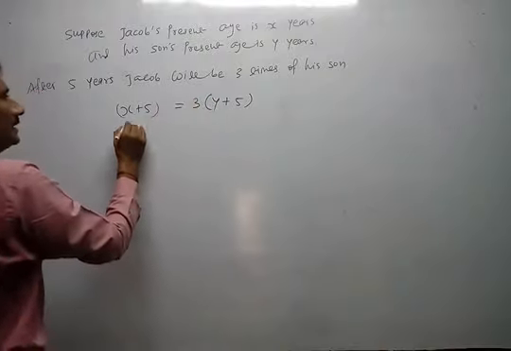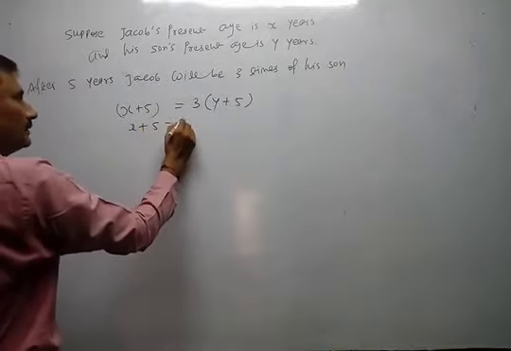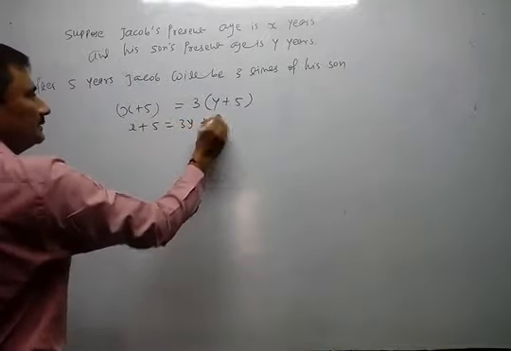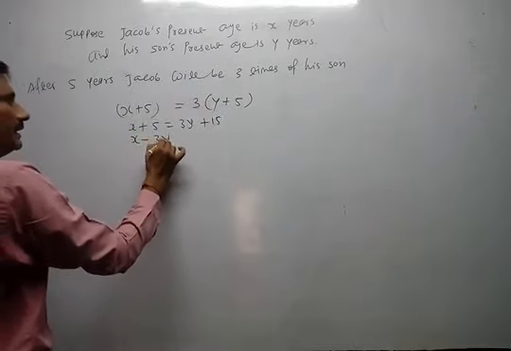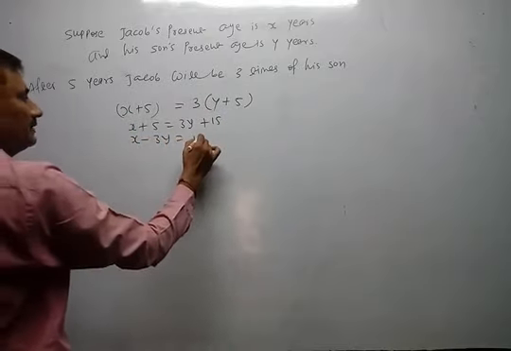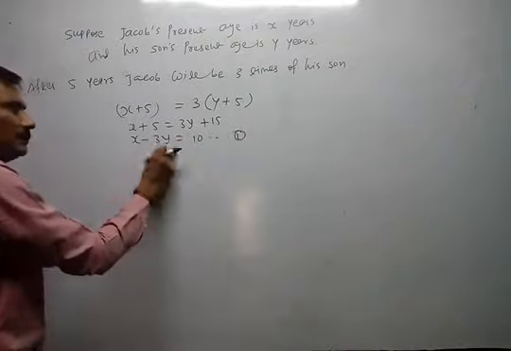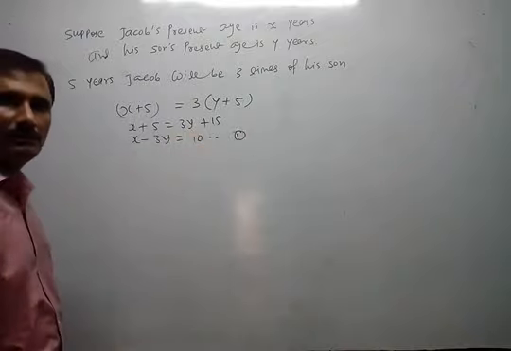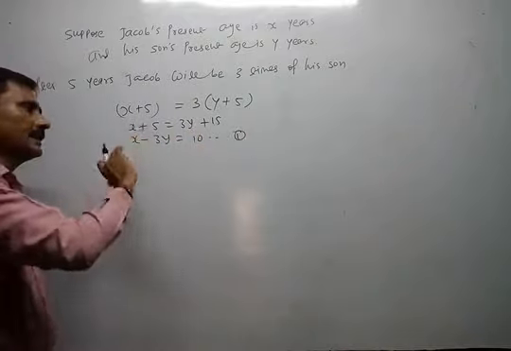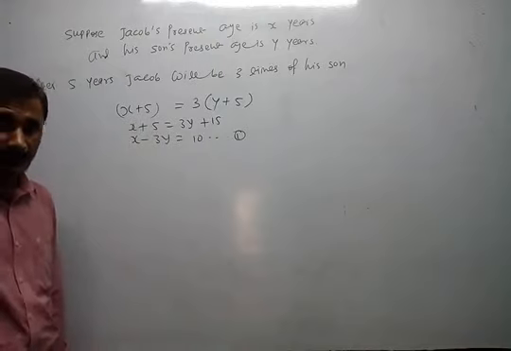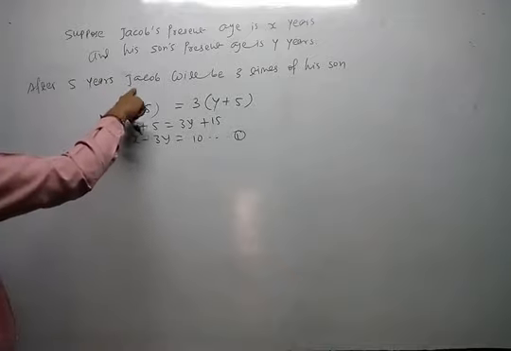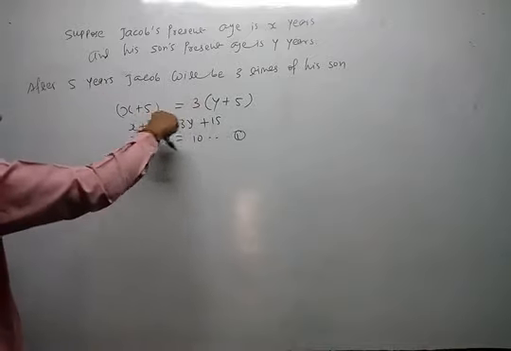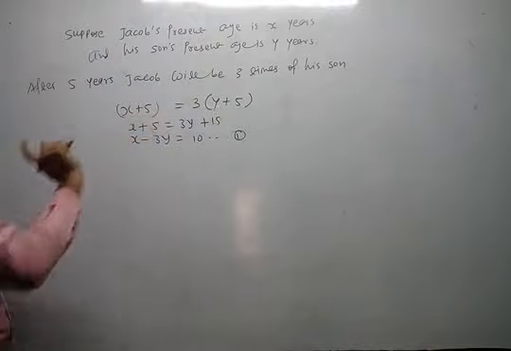Now just simplify. x plus 5 equal to 3y plus 15. So x minus 3y equal to 15 minus 5, and we always write the equation in this form: x and y on the left side, number on the right side, variables left side, number right side. So this is our first equation. You have to be careful at the statement, and according to the statement you have to write the first equation. That is very important.